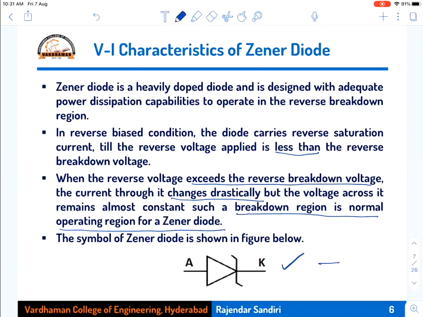A normal PN junction diode is like this, with A and K, the cathode. The GNR diode is a special purpose diode derived from the PN junction diode, so the symbol is also changed: the vertical bar is made into a Z shape by keeping slant lines like this. Therefore, we can call this the GNR diode symbol.